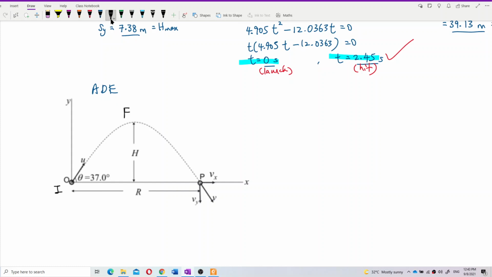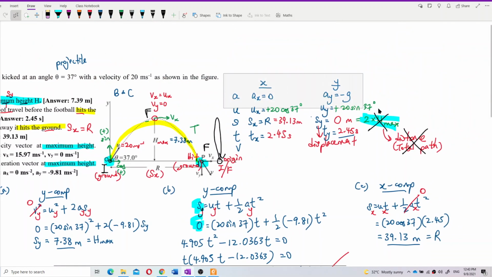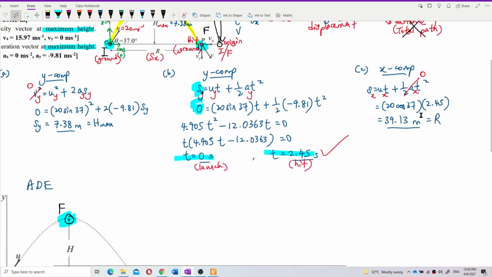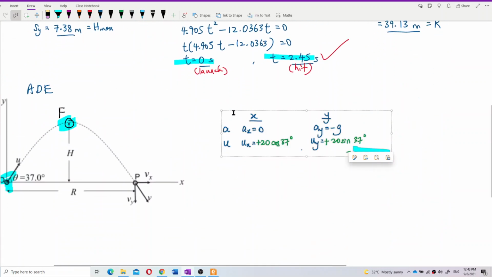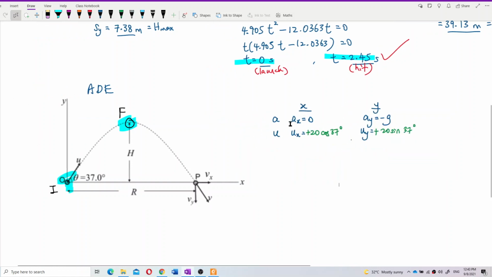This is still the initial point. The ball now is over here. This one we still can maintain the top one. Just copy again and put it over here. This one can drop off. So this one is still the same. The acceleration for x is 0, acceleration in y is negative g.